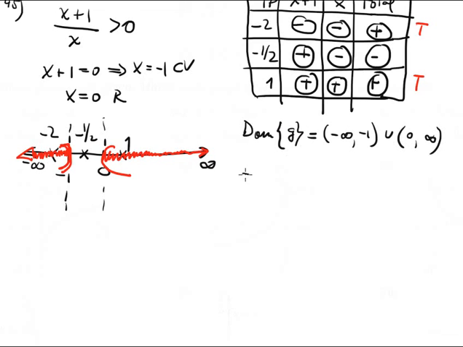If you want another notation, it's x such that x is less than negative 1, or x greater than 0. This is 45.